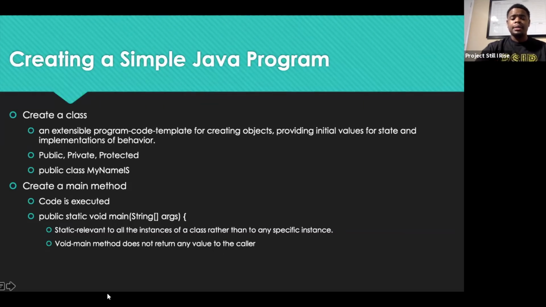What the static means is relevant to all the instances of a class rather than any specific instance. So whatever in that class is what is going to be in that class. And then void just to describe the main method that it doesn't return any values back to the caller. And then also as we go into Java a little bit more, whatever is in those brackets is the code, and whatever is in those brackets is what will be ran in your program.